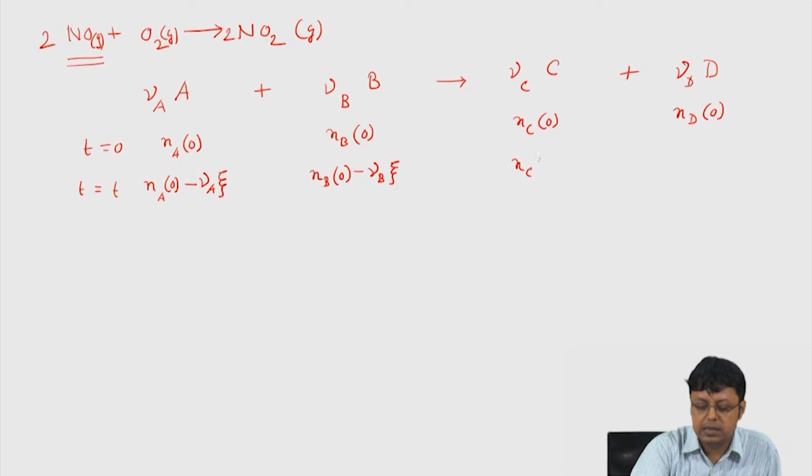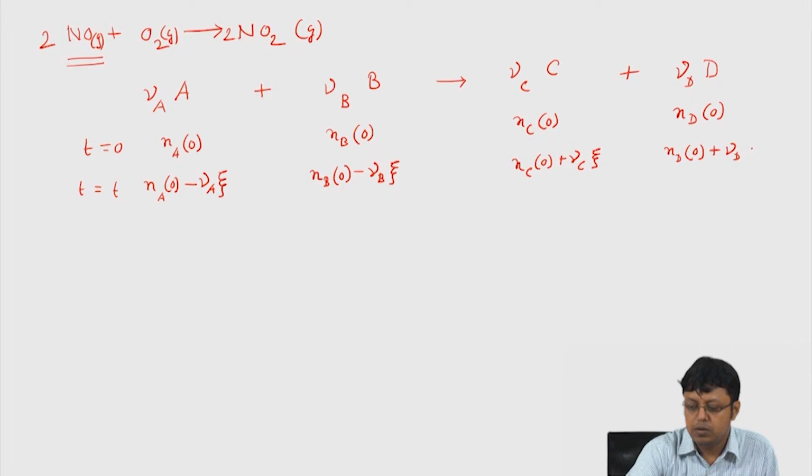Similarly, for N_C and N_D we can write these equations, but there will be a plus sign because C and D are products. And then we ask this question, what is the rate of change of this concentration? To ask that question, we can take the derivative of each of these with respect to time.